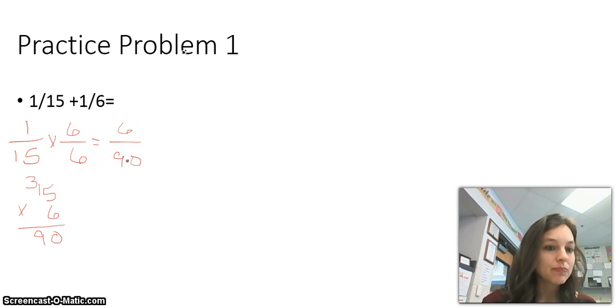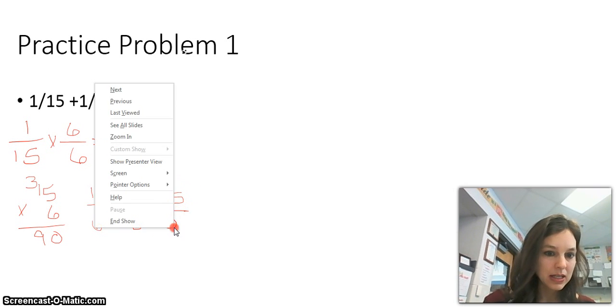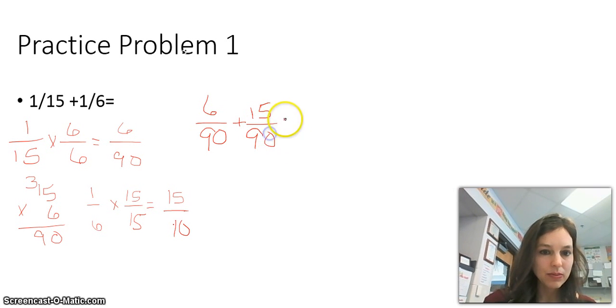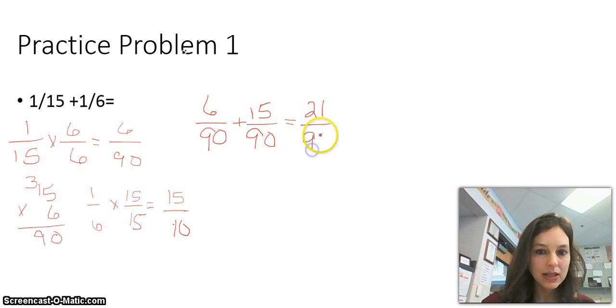And then I'm going to multiply 1/6 by 15/15ths, and I'm going to get 15/90ths. So now I have to add these together, 6/90ths plus 15/90ths, which is going to be 15 plus 6 is 21/90ths.